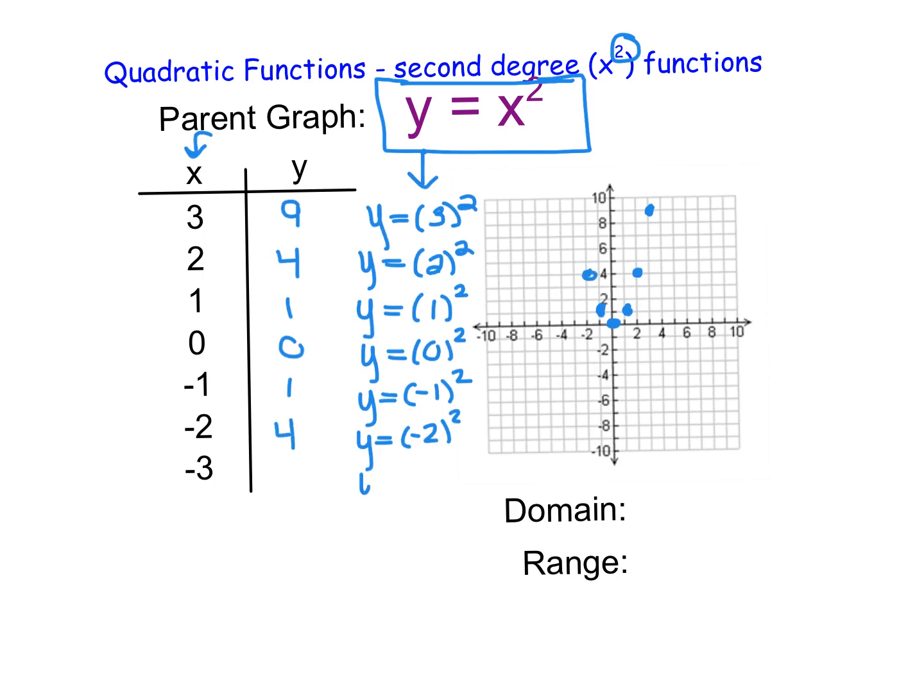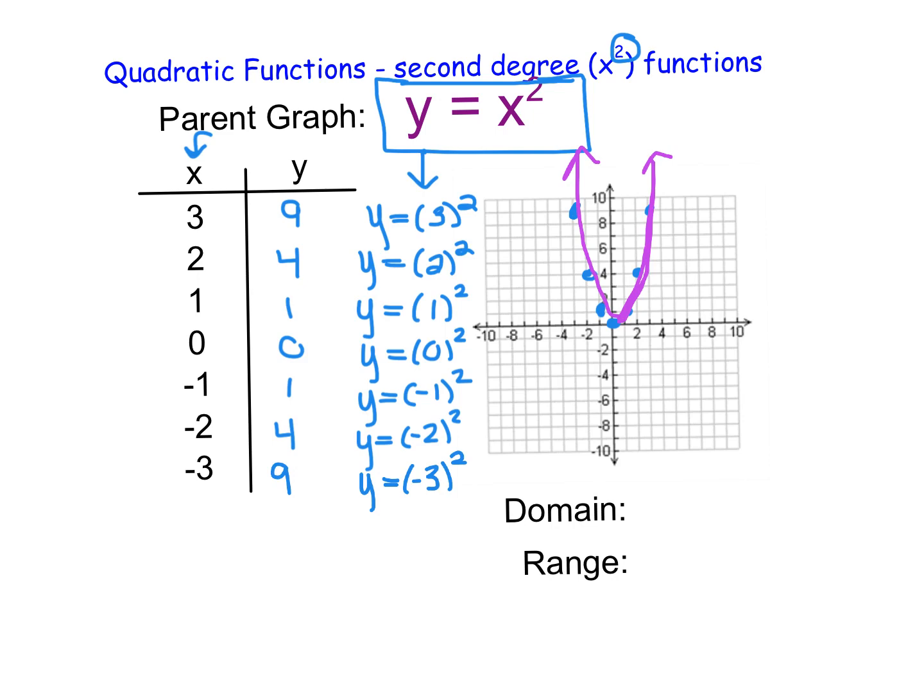And finally, y is equal to negative 3 squared, which is 9. So here we can see that we have this parabola shape. We can see that it looks symmetrical, so if we connect all of those dots, and hopefully you'll be able to do a little better job than I am doing, we have that nice parabola shape for our graph.